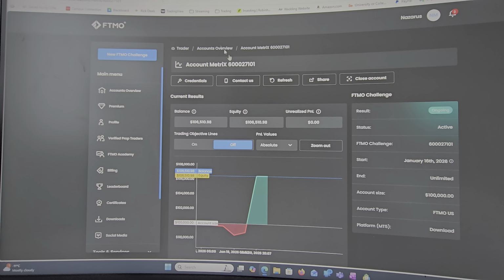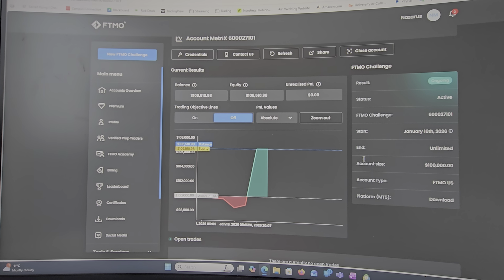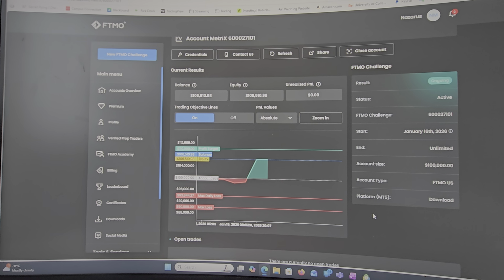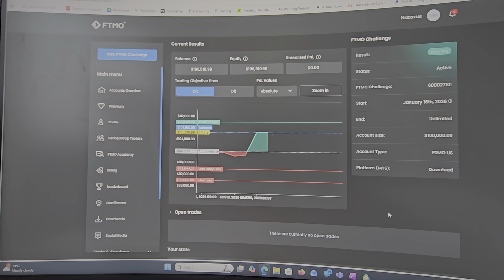So on our FTMO, this is it. If I do a trading objective, turn on and then zoom out, the first phase is to make 10%, so 10,000, and we're halfway there.